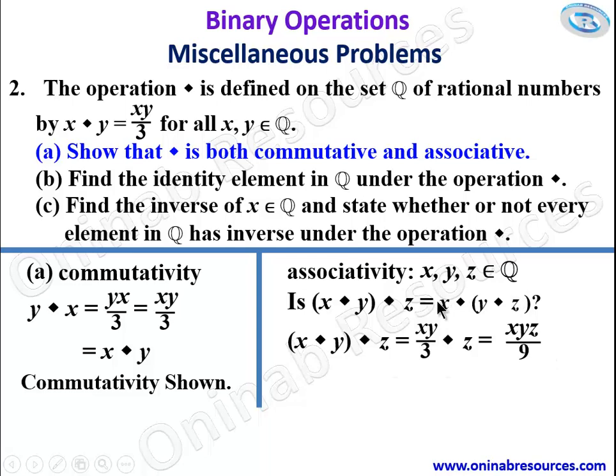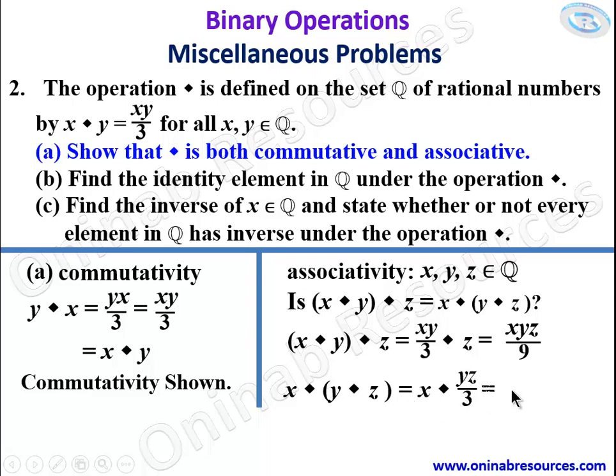For the right hand side, which is x operation open bracket y operation z close bracket, y operation z is going to be yz over 3. And invariably, this is one element, this is the other element.